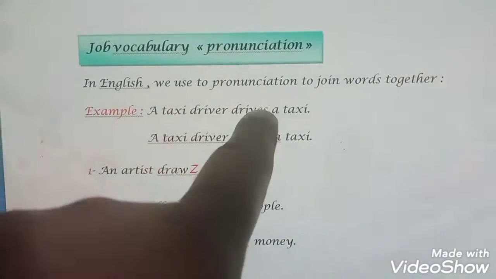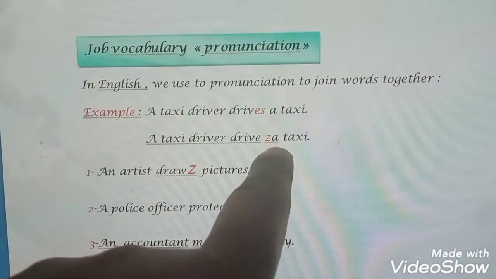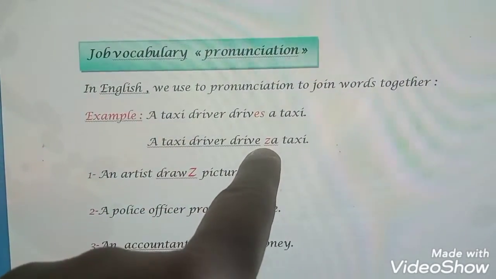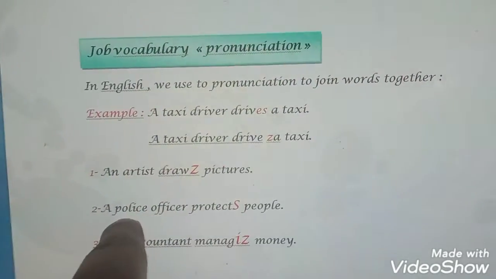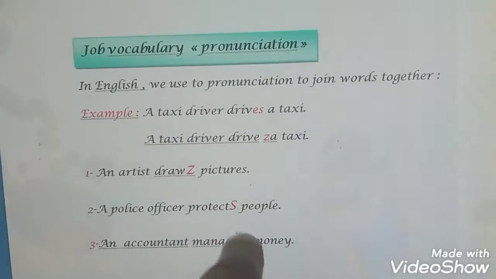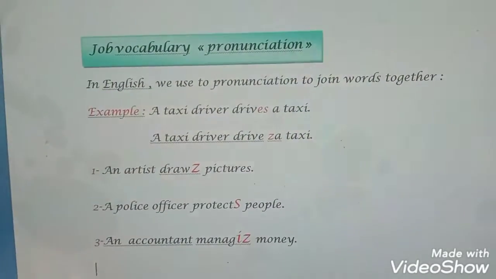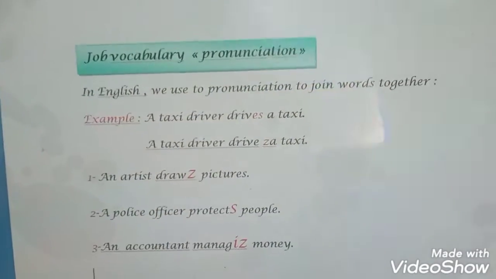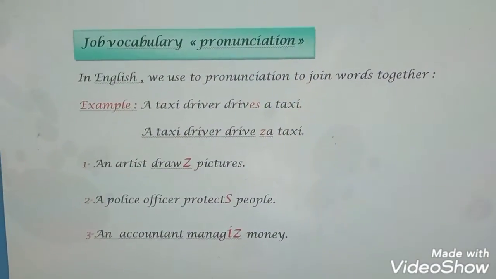Example: a taxi driver drives a taxi. I write it ES and I pronounce it Z. An artist draws pictures. A police officer protects people. An accountant manages money. هنا الجمال تاع اللغة الإنجليزية إنك تذكر الـ S. أغلبية التلاميذ ما يذكروش الـ S، يقول taxi driver drive a taxi.